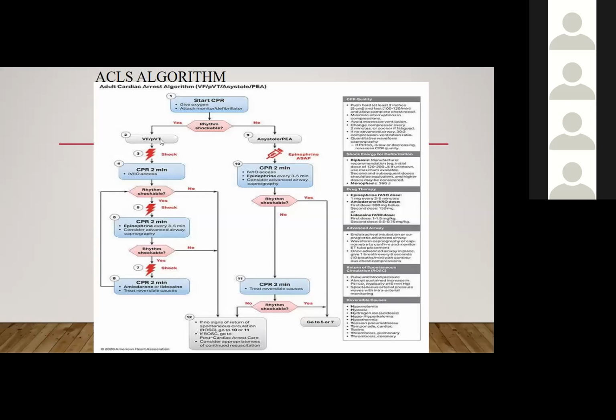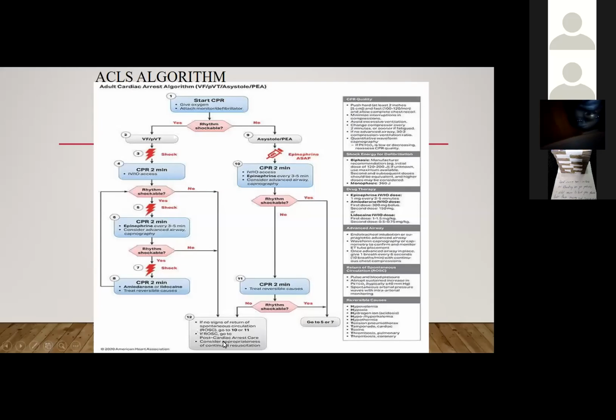But most of the time, if your patient will come back, by the time you are done with your amiodarone, your patient should be back. If you go through all these stages, sometimes you can just go through just one stage without even needing to set an IV for your adrenaline or get into the amiodarone stage. Usually after first CPR, shock, patient comes. Okay. If there are no signs, then you come back here, you do a CPR, and then you check.